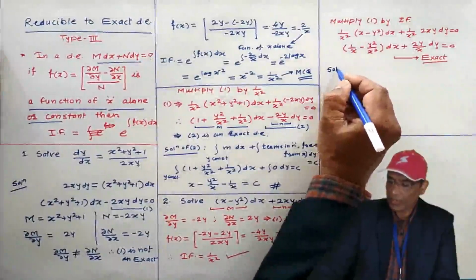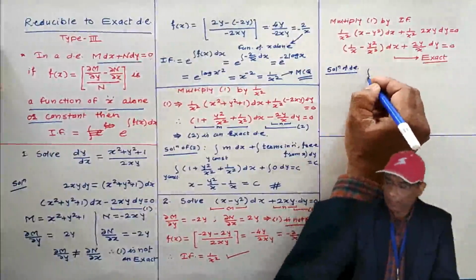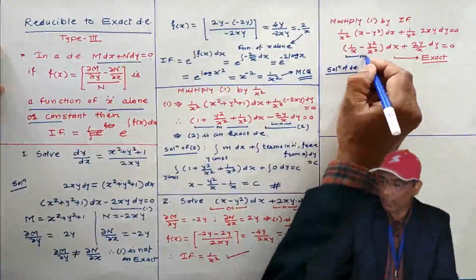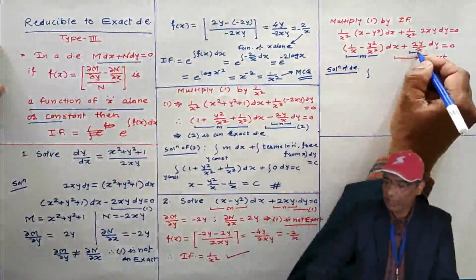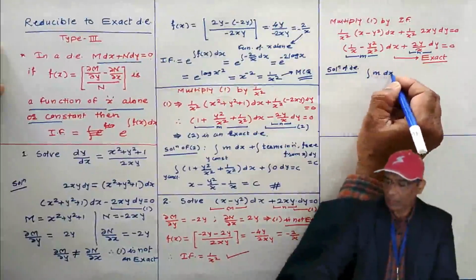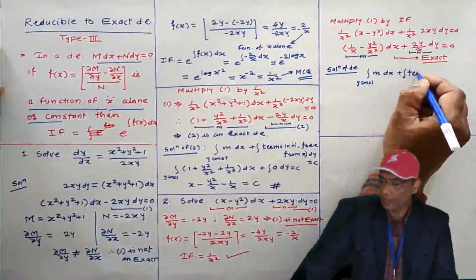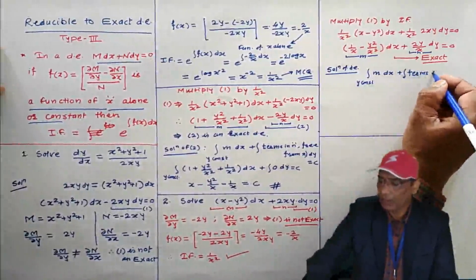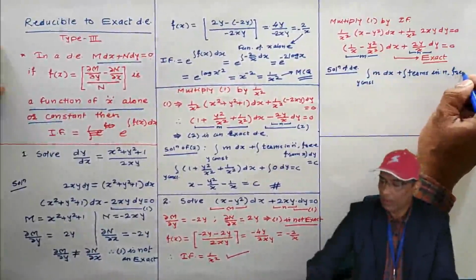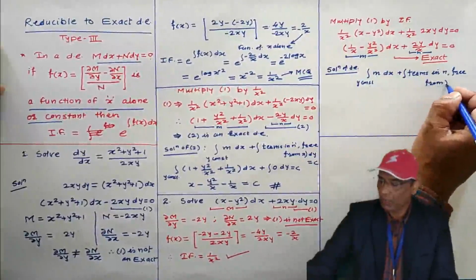The solution of the differential equation is what? Integral of M, this is capital M, this is small m, integral of M with respect to x, keeping y constant, plus the terms in N which are free from x, or do not contain x. In the next formula, I will not be writing this formula.